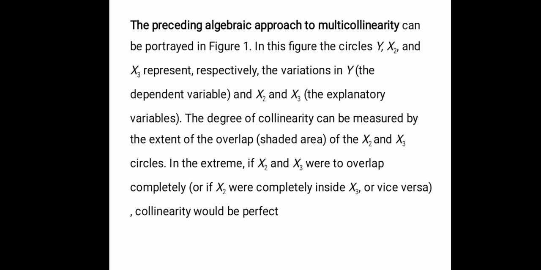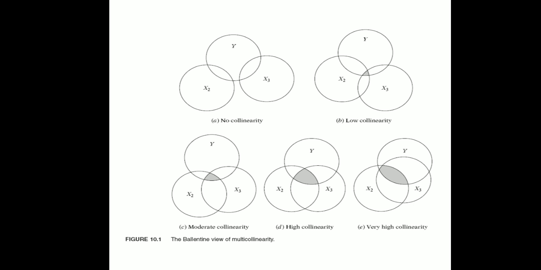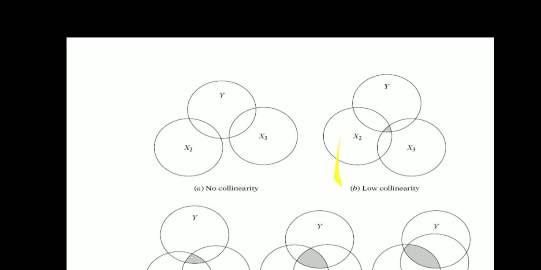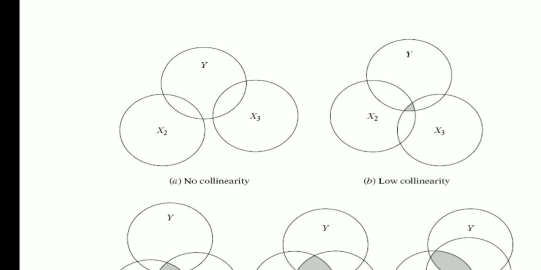In the extreme condition, if x2 and x3 overlap completely, then collinearity will be perfect. You can see the picture here. In the first figure there is no collinearity, because all are different, so there is no correlation.